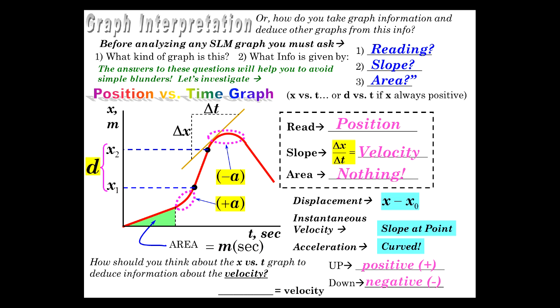Upside down bowl is negative acceleration, right side up bowl is positive. Now, how should you think about this graph to deduce information about the velocity? We're going to do that next, keeping in mind what characteristic of this position graph gives you the velocity? We already covered that. It starts with an S and ends with OP, slope. So let's use that to our advantage and map out the velocity of the position graph.